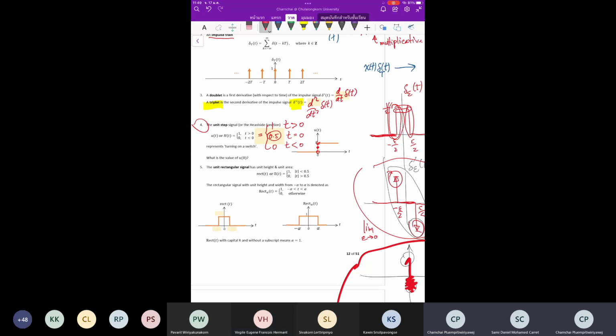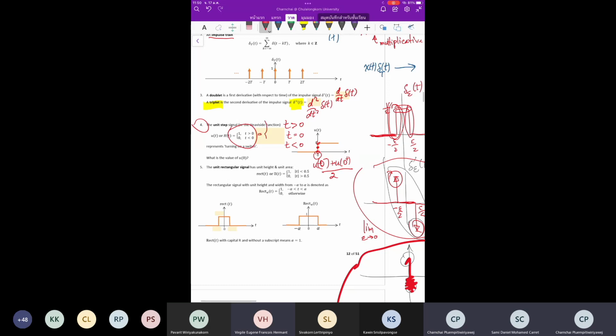This 0.5 comes from u(0 minus) plus u(0 plus), divided by 2. So what's the value of this? Most books originally assumed it was the other definition, but there's a problem at t equal to 0.